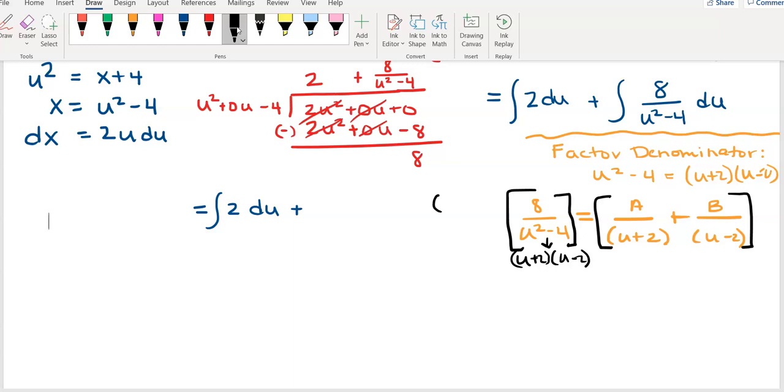So I'm going to multiply through with a u plus 2 and a u minus 2 on the left, and the same on the right-hand side. So each of the factors would, of course, cancel with the left, leaving us with just 8. And on the right, we would end up with a times u minus 2 plus b times u plus 2.